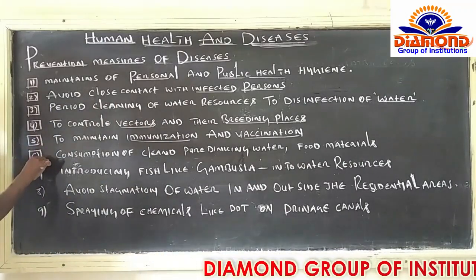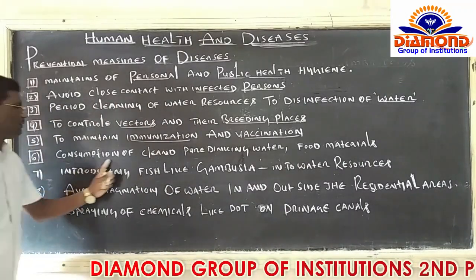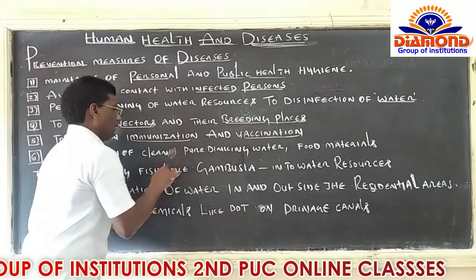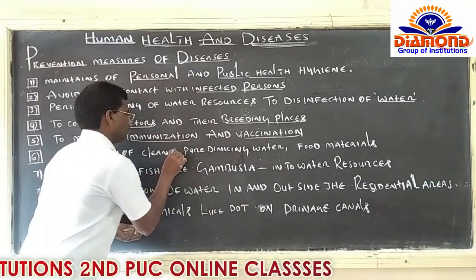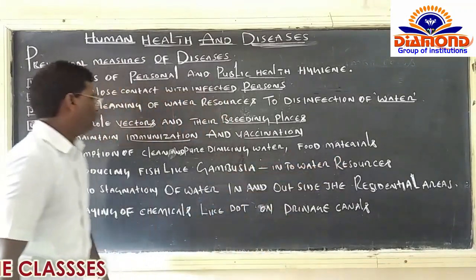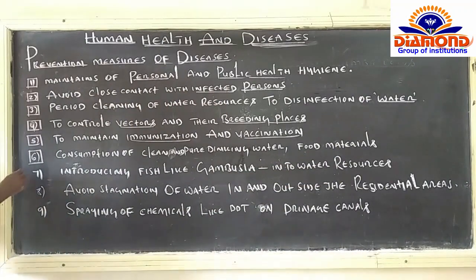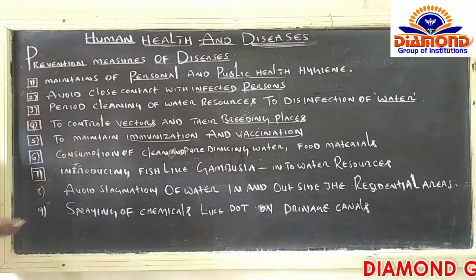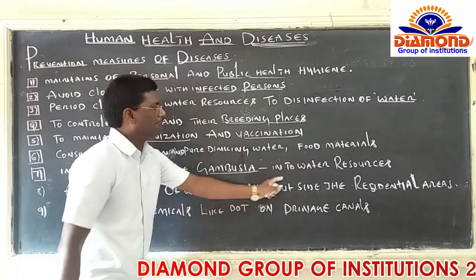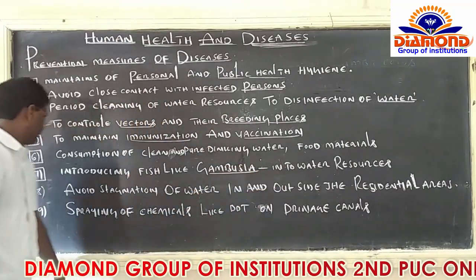Number 6 is consumption of clean and pure drinking water and different types of food materials. Point number 7, introducing fish like gambusia into water resources.